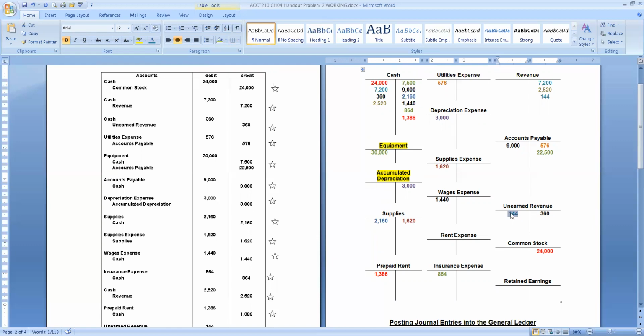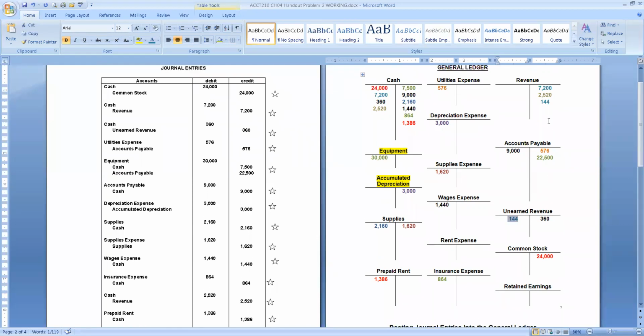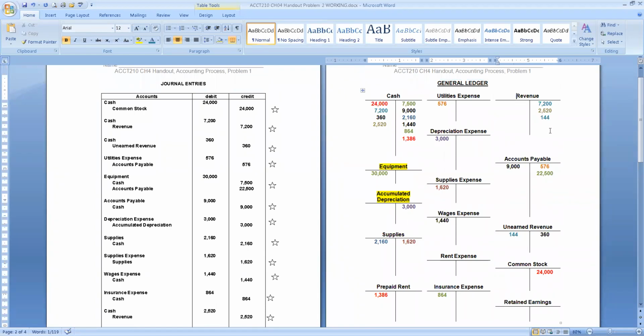So as we earn it, as we do our job, whatever it is that we're supposed to do to earn this, we count it as revenue. And this revenue up here, revenue by definition is earned, but you can definitely think of it as earned revenue. There's unearned revenue that's a liability, but once we do our work, we count it as revenue.